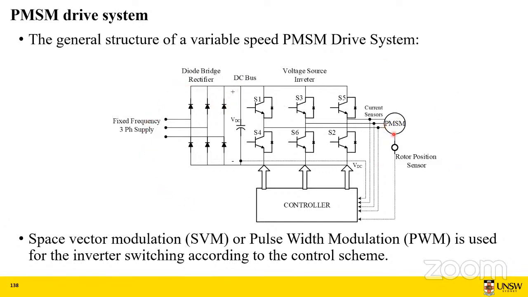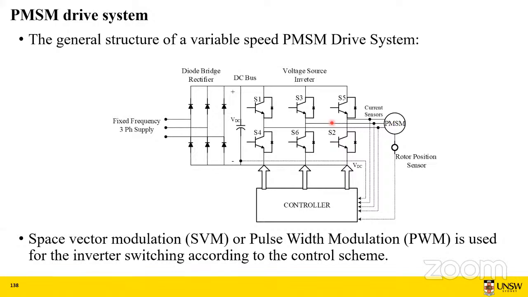If this motor is for an EV, electric vehicle, then this DC part comes from a battery. You don't need a rectifier or a three-phase supply. You can directly connect the battery here. So hopefully some of you are familiar with power electronics inverters.